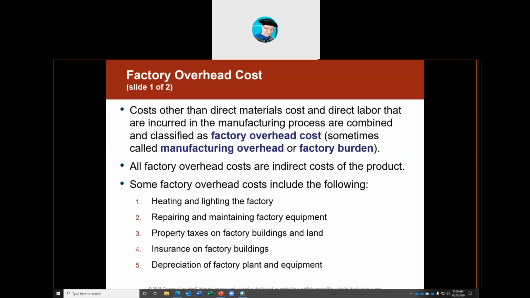These are all things that we tie to the building, and the building is where the products are being made, but we can't tie all of this directly to the product. We can tie most of it to the product or a portion of it. That's why we call it factory overhead. We'll talk more about that.